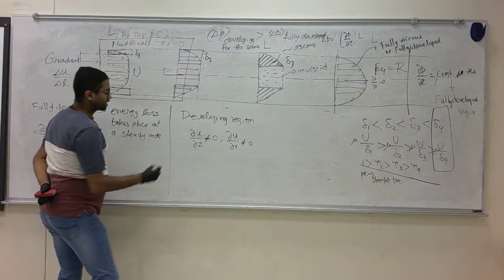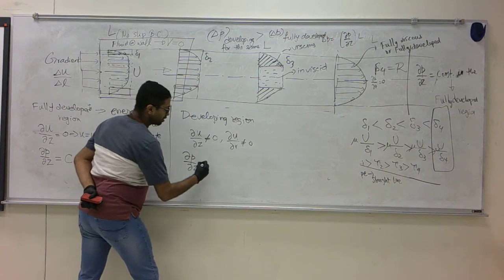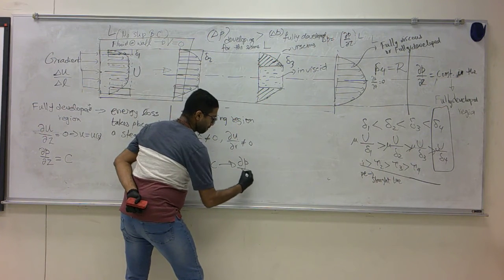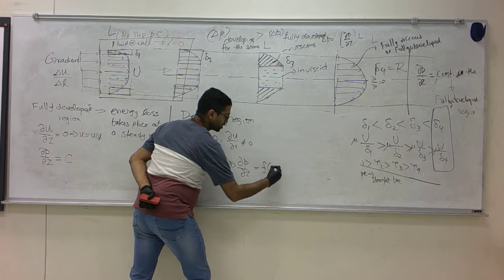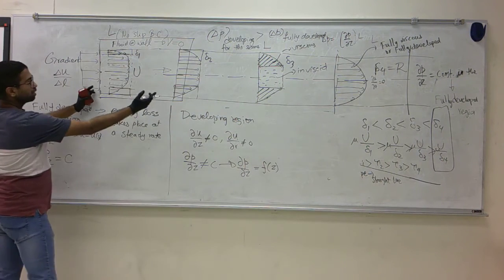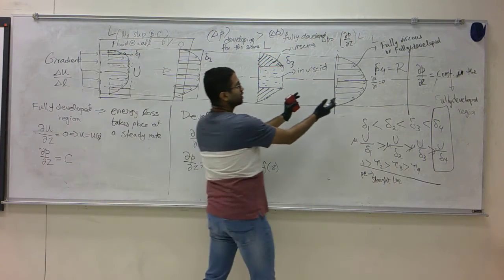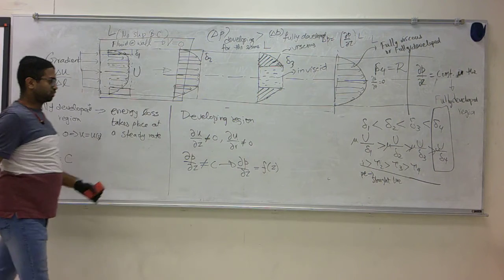Okay, the pressure gradient dP over dZ is not a constant, it's usually a function of position. It depends on where you are. Near the start it's higher, near the end of the developing region it's lower and goes to a constant. Okay?